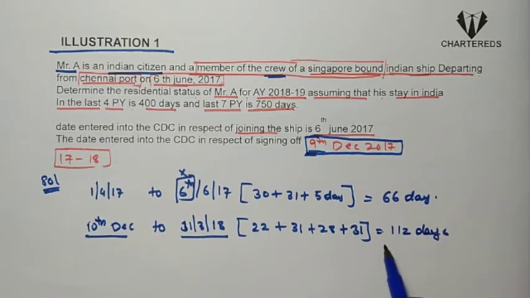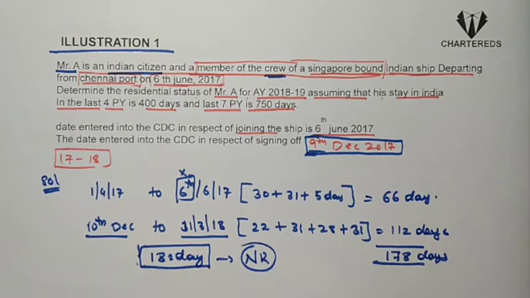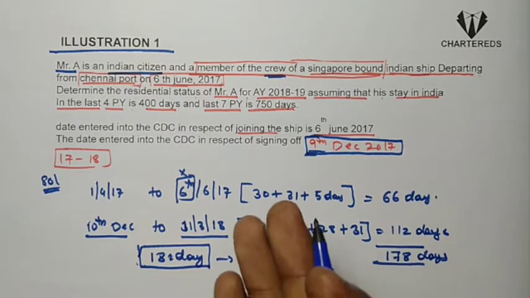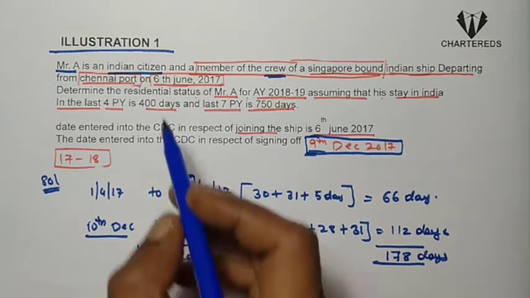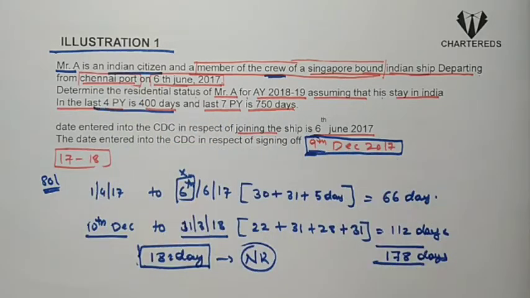Totally he stays in India for 178 days. So it doesn't satisfy the 182 days condition. So he is a non-resident. We should not consider the previous years' information, because it is in the exceptions.